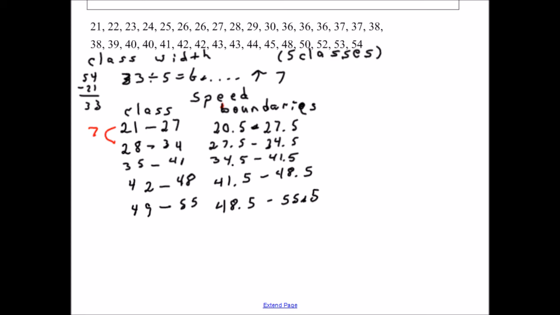Those are the class boundaries. Anything within those boundaries would stay in that class. So a 27 would be in that first class.